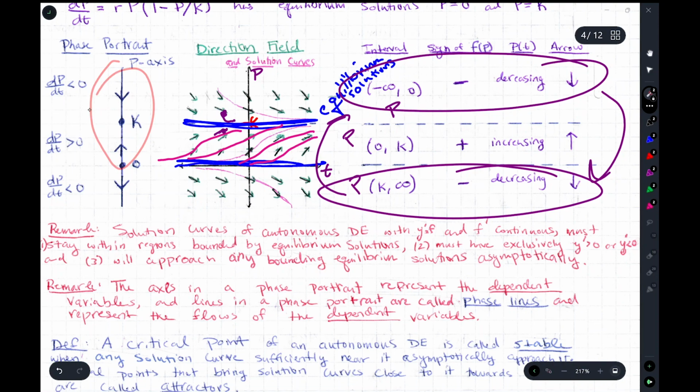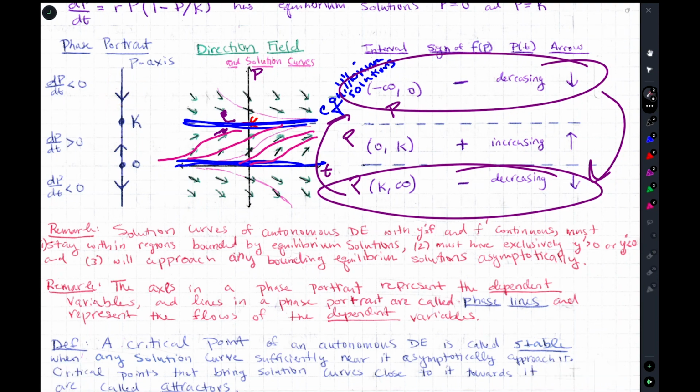You could see that by the phase portrait. Notice how if you have solution curves here, they start to flow up towards k. If you have solution curves here, they start to flow down towards k. That's called an attractor, and it's stable. If you look at this as a population model, if you reach your carrying capacity, you just stay there.